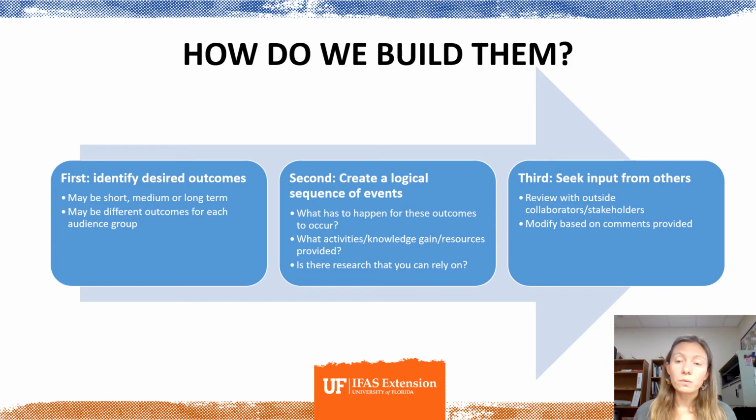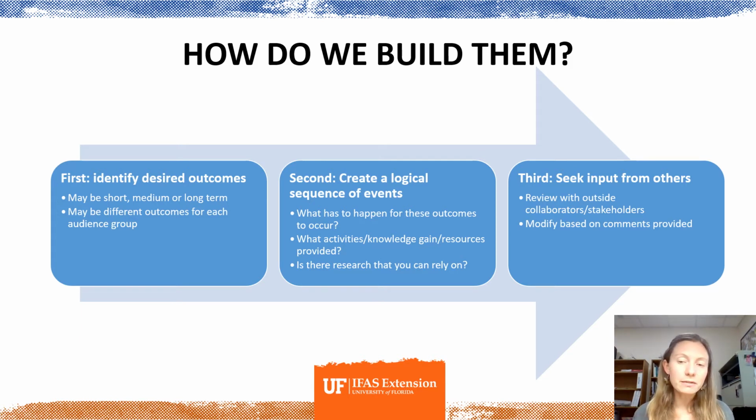Once you've determined what you want to happen, you want to create a logical sequence of events. So what does the research say? What do previous projects that are similar to this look like, has anybody done this before? How do we get to this desired outcome? What has to happen in order for these outcomes to occur?